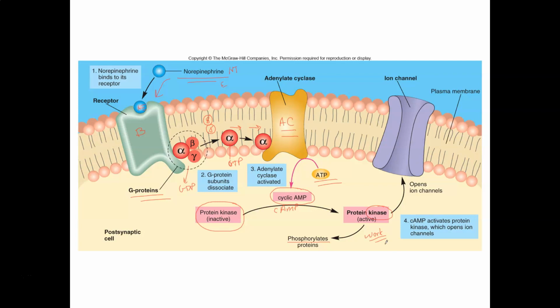That kinase is going to turn on other proteins. It's going to give energy to something. It's going to affect an ion channel so that you can exert an effect on the postsynaptic cell. So norepinephrine binds to a beta receptor. It goes through the G protein process, and the purpose is to turn on protein kinases so that the cell can go and do further work.